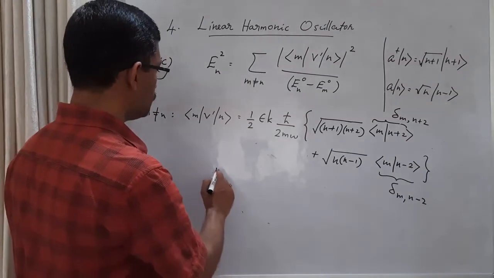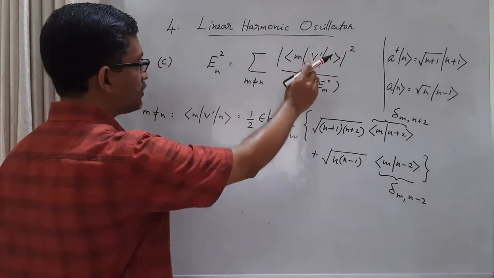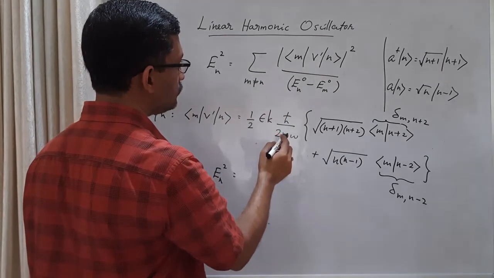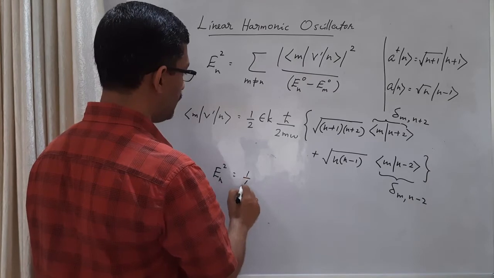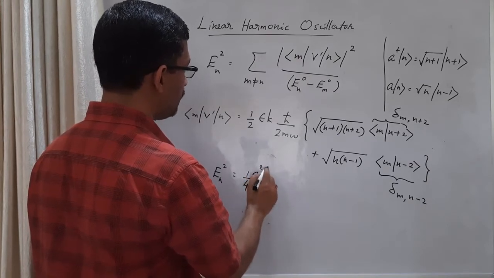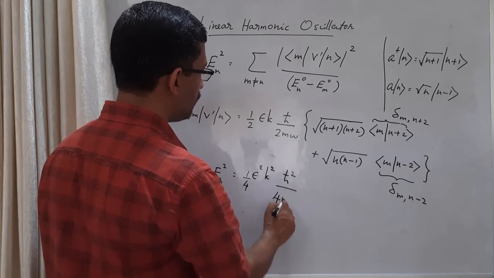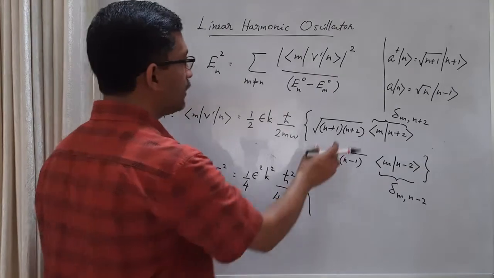So En2 is equal to, you have to square it. Squaring it means you will have the square of this one. So we have 1 by 4 epsilon square k square h cross square divided by 4 m square omega square, the square of this one.